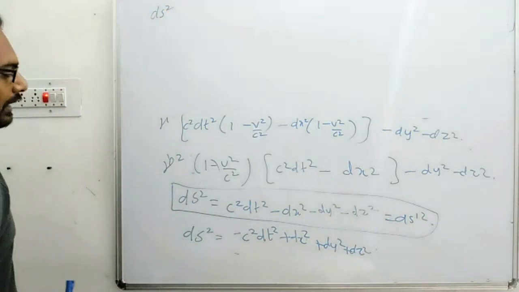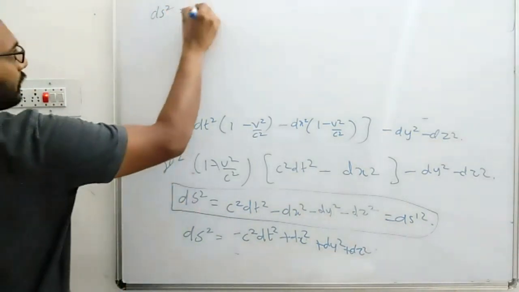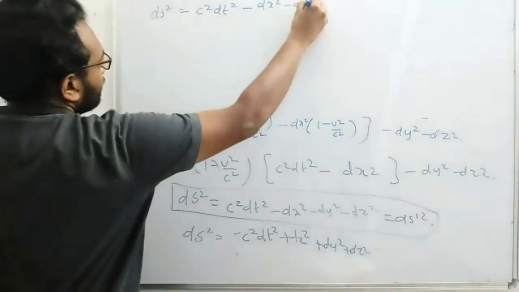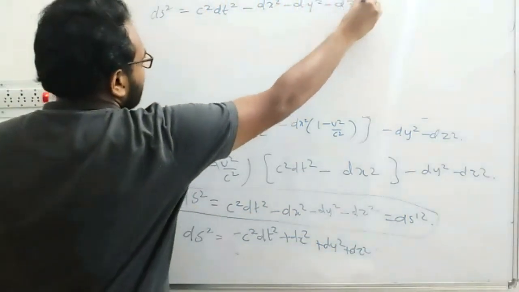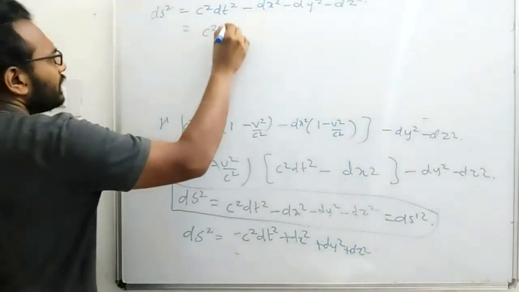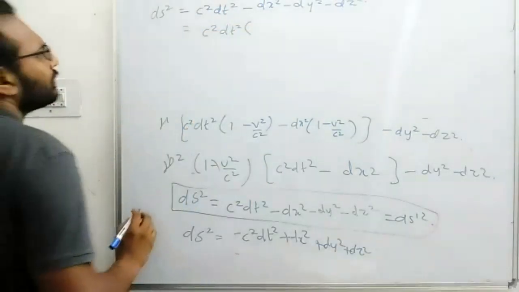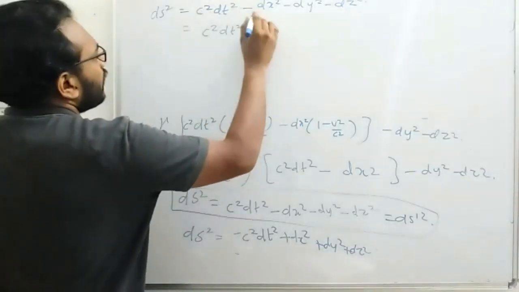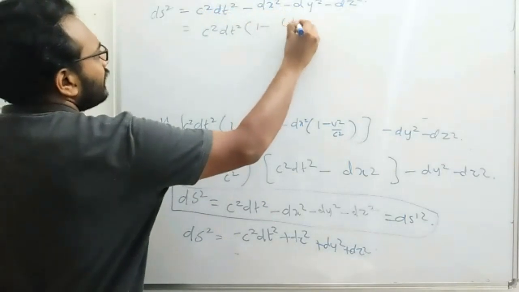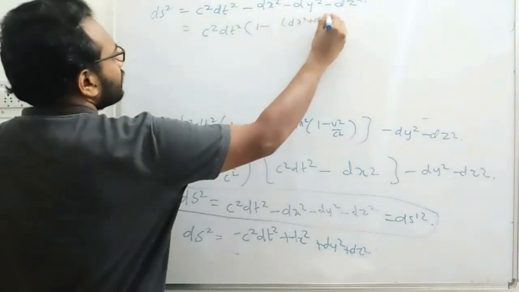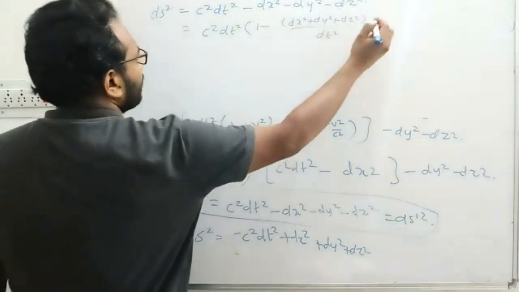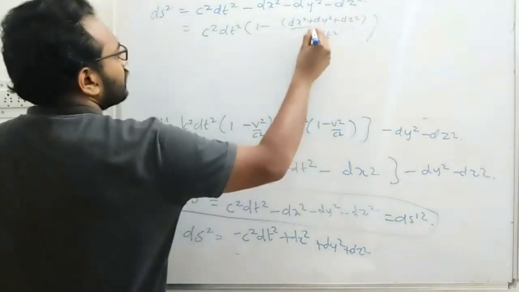For the real physical quantities, if you take ds square equal to c square dt square minus dx square minus dy square minus dz square, and pull c square dt square outside, this is equal to c square dt square times 1 minus dx square plus dy square plus dz square divided by dt square.